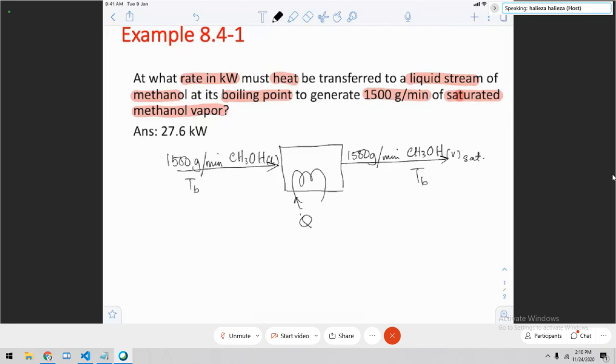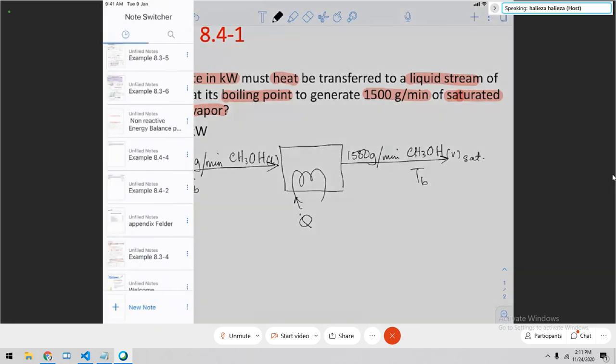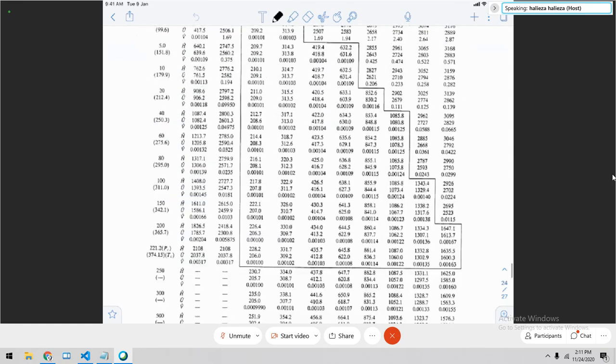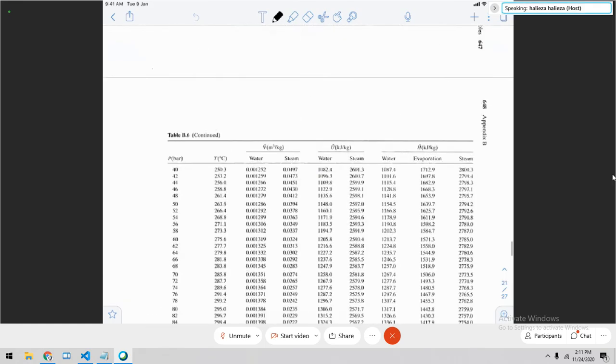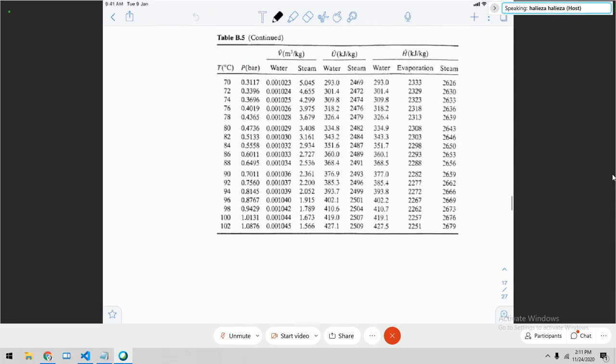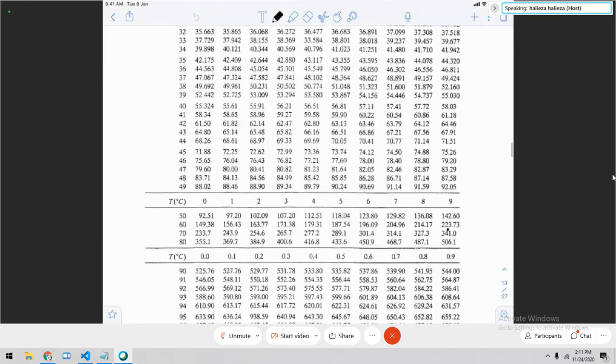So now we need to take note of the boiling point. Let's go to our appendix and find the boiling point of methanol. So we will look it up in table B1. I need to go to table B1. This is quite a long scroll up. There is only B3.